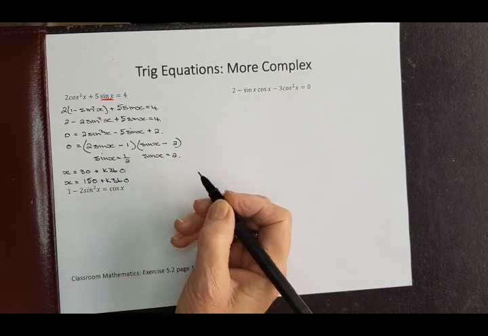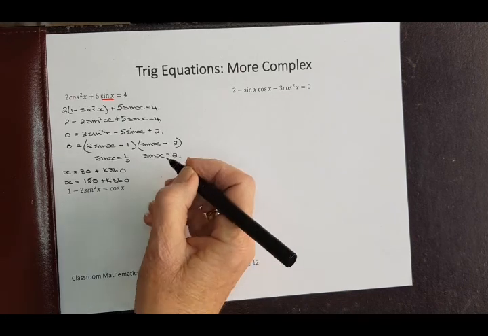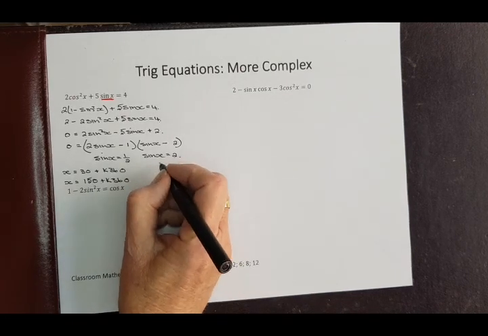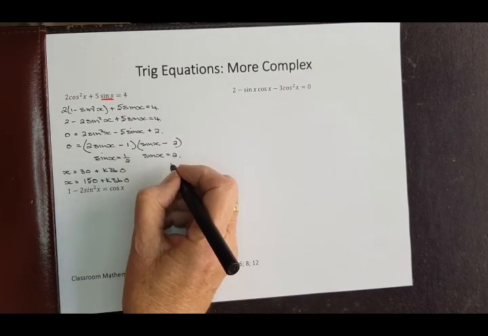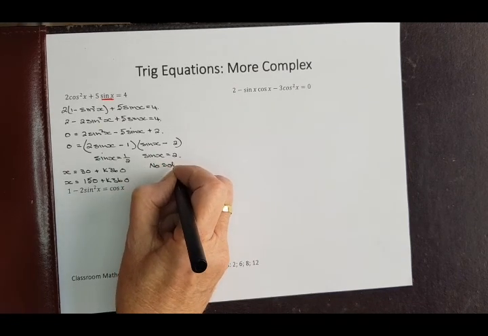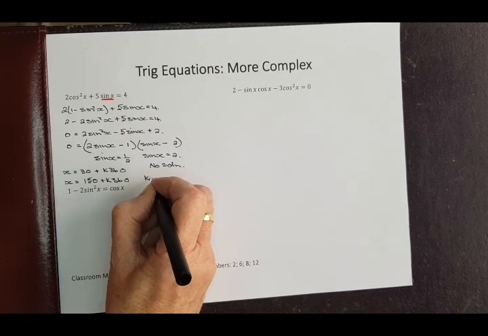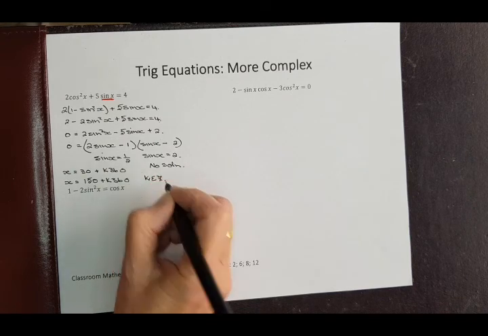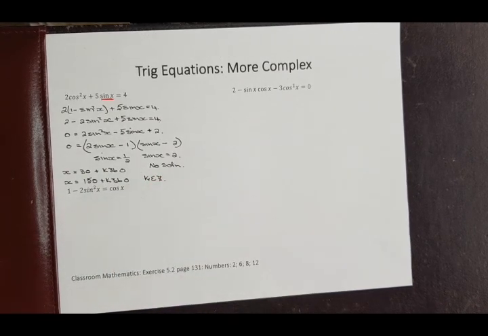On this side, when you try and take arc sine of 2, you're going to see math error. That's because sine has a maximum value of 1. So on this side there is no solution. Don't forget always to add that k is an element of the set of integers.